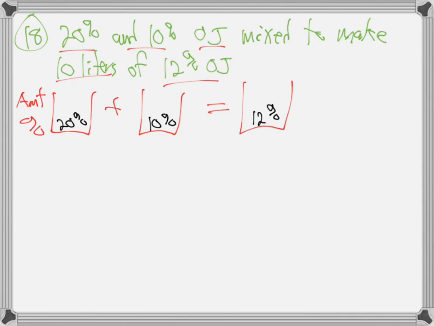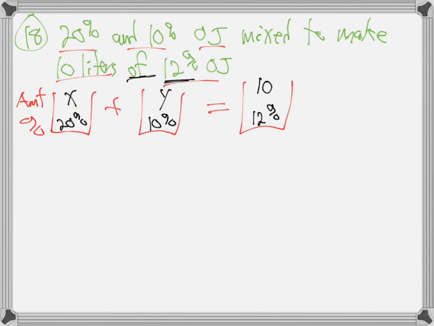Did they give me any amounts? Yeah, they gave me the 10 liters of 12%, so it goes above the 12%. What goes in those other 2 blanks? That's my X and my Y.